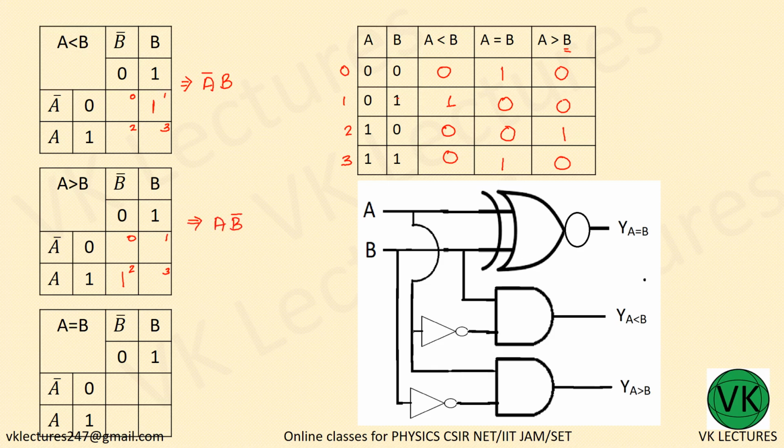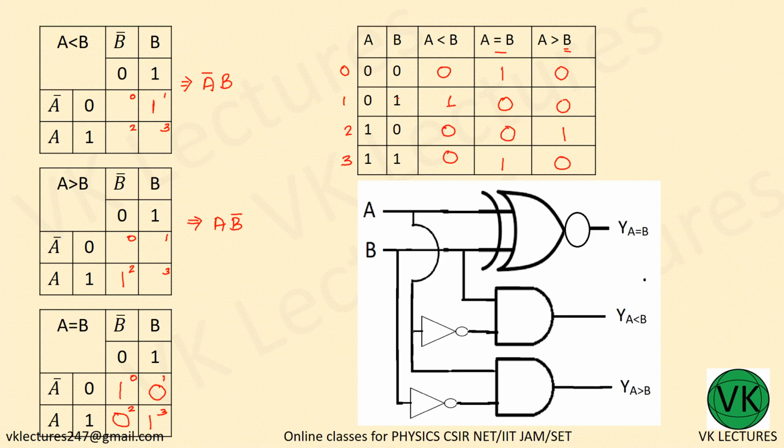Now a equal to b, this condition, that is 0 and 3. So 0, 1, 2, 3. In 0 and 3, in these conditions, the output is 1. 0 and 3, 1 and 1.